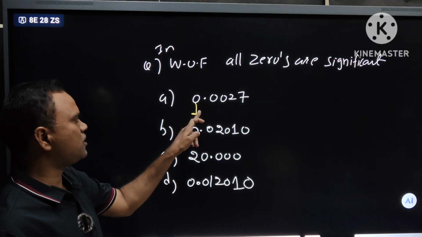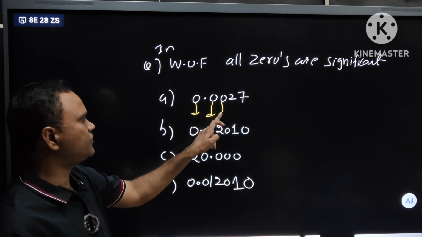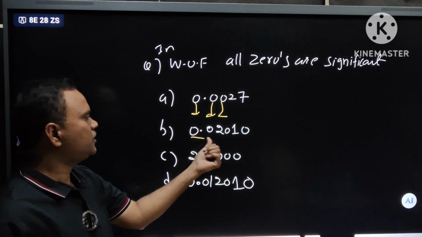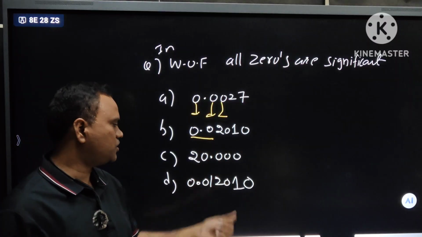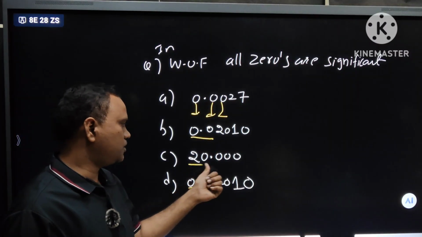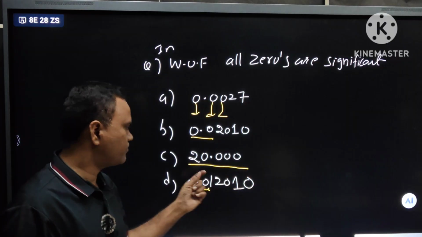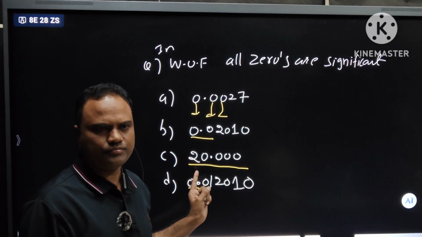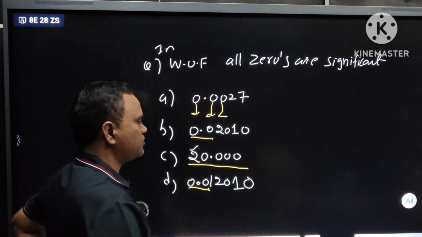Leading zeros or starting zeros are not significant. But in this, see, the starting number is 2, significant.